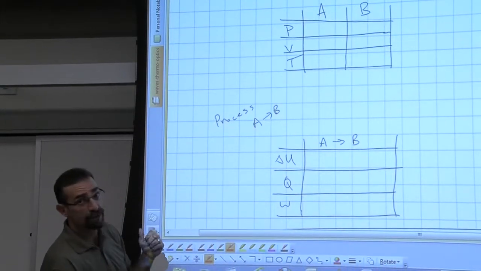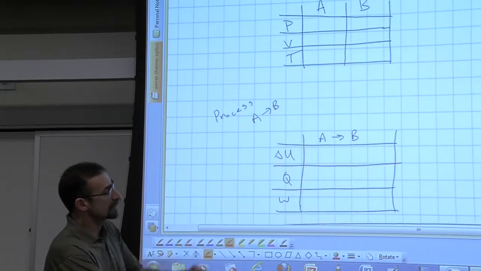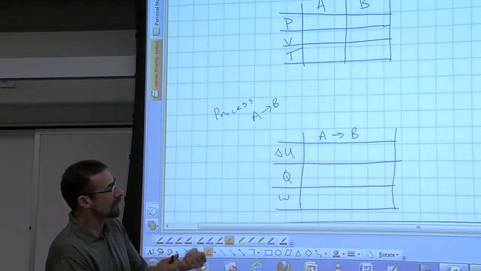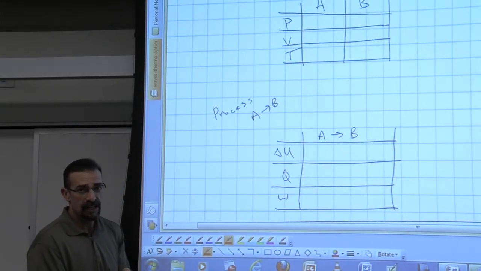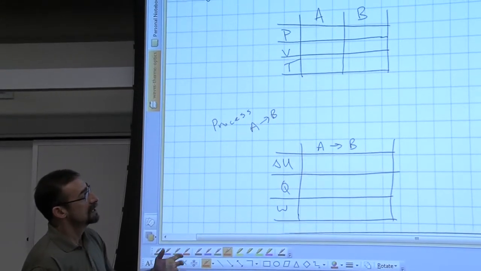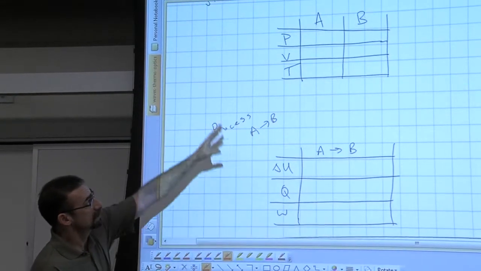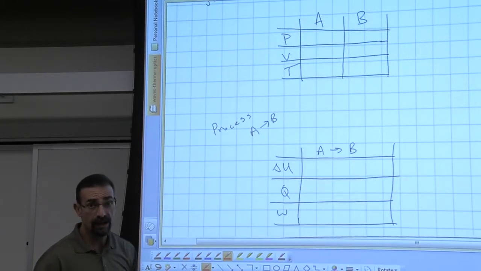I put in the information that's given in the problem, and then I start turning through that information and what I know using my ideal gas law, using some of the other equations I have about these processes and knowledge I have about these processes, and then that gets me to the point where I can fill everything in. So let's do a couple of examples.